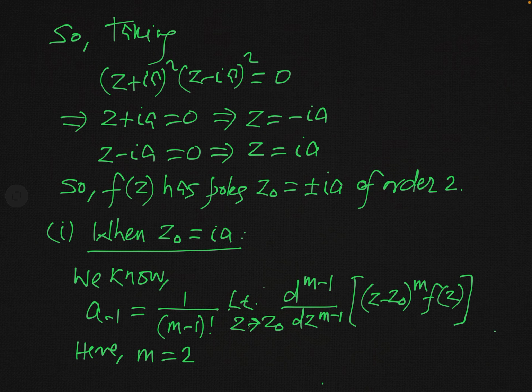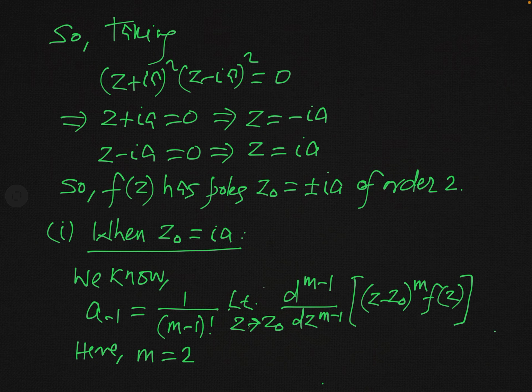In general, for an mth order pole, the residue a minus 1 of the function is given as 1 over factorial (m minus 1) into limit z tends to z naught, where z naught denotes the pole, d^(m minus 1) over dz^(m minus 1) operated on (z minus z naught) to the power m into f of z.